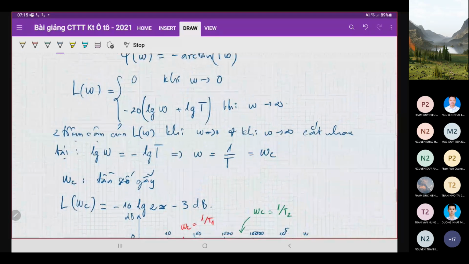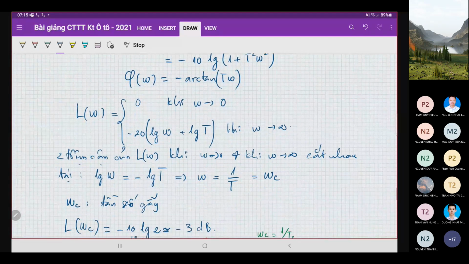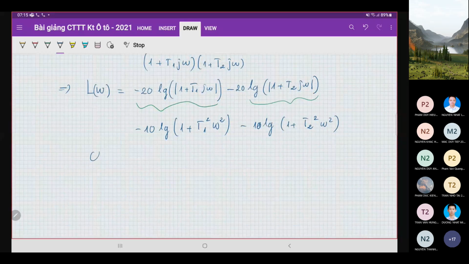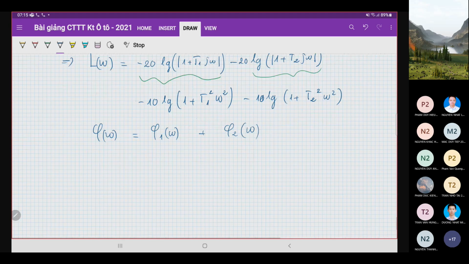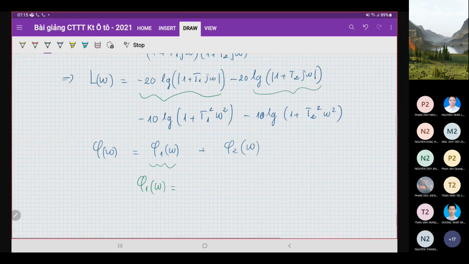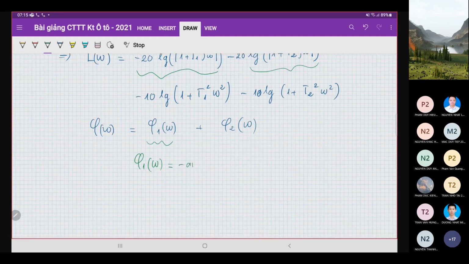That's the phase of the system. The phase is minus arctan. Okay, and the phase phi(omega) will be equal to phi 1(omega) plus phi 2(omega), where phi 1(omega) will be equal to minus arctan of T1 omega, right?